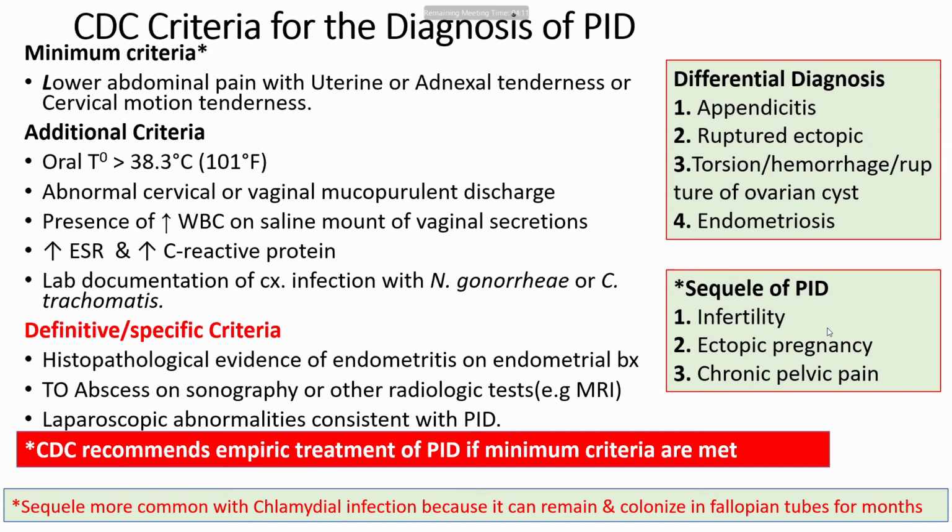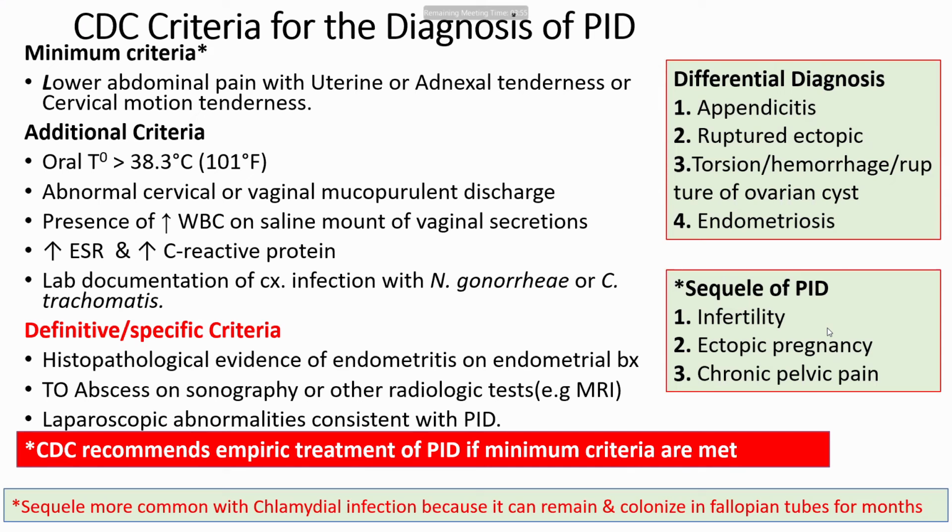Okay, so these are the additional criteria. And definitive criteria: histopathological evidence, an obvious TOA abscess diagnosed on sonography or other radiological test, or laparoscopic abnormality consistent with PID.